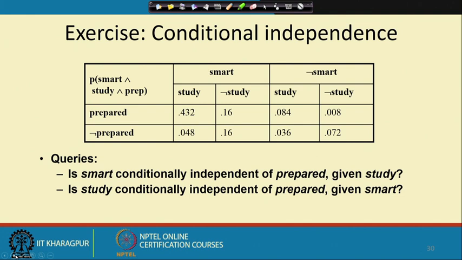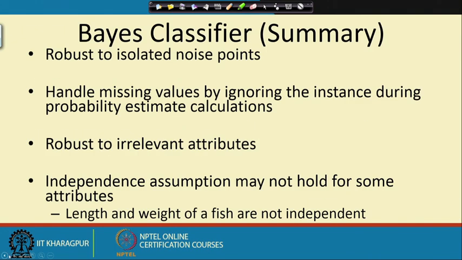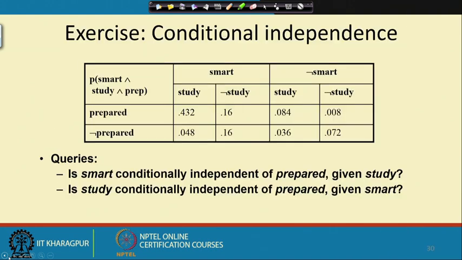If a student is prepared and studied and smart, that probability is 0.432, and prepared and not studied but smart is 0.16.